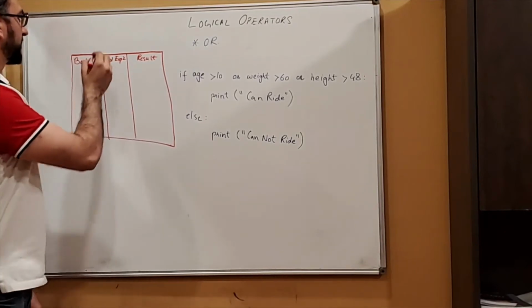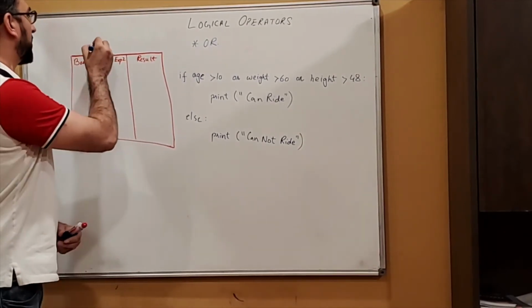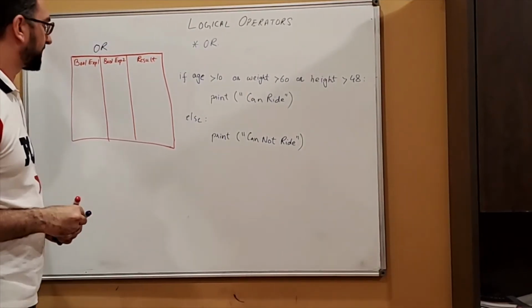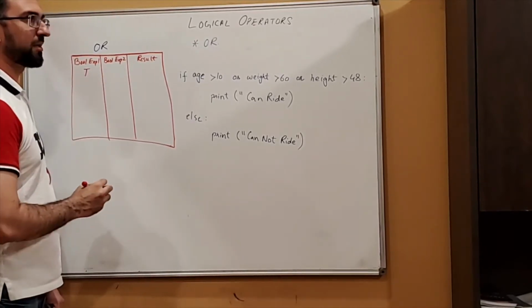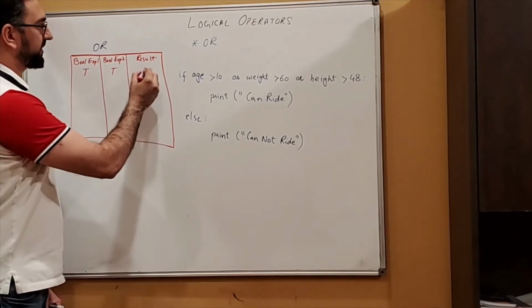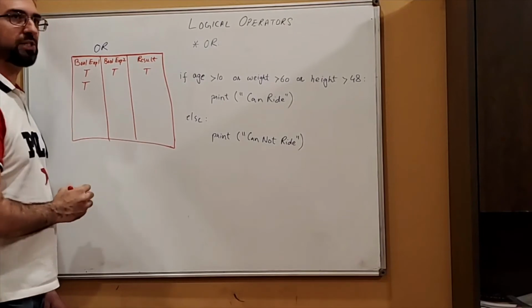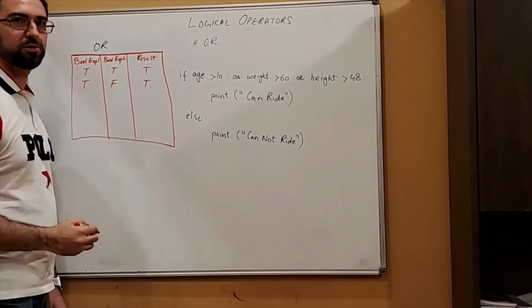Okay? So if we combine these two Boolean expressions using the OR logical operator, what will the truth table look like? If the first Boolean expression is true, and the second Boolean expression is also true, the result will be true. If the first is true, the second one is false, the result will be true.